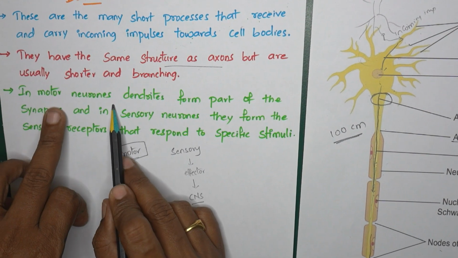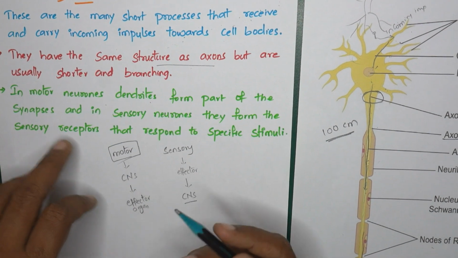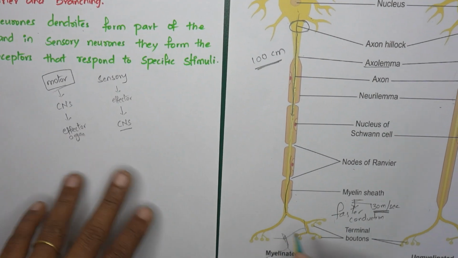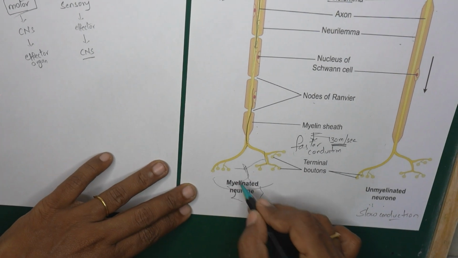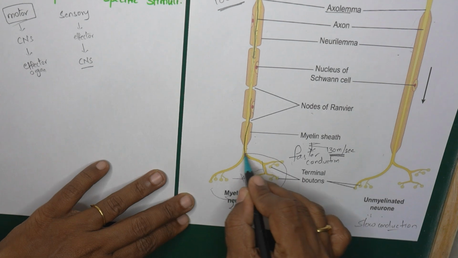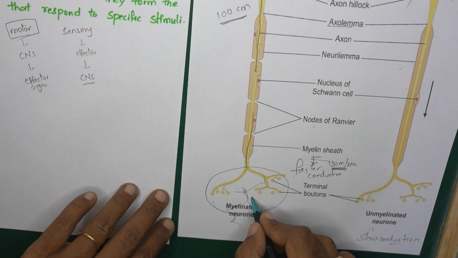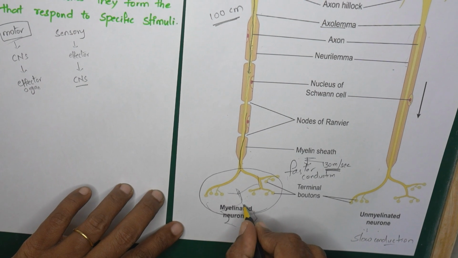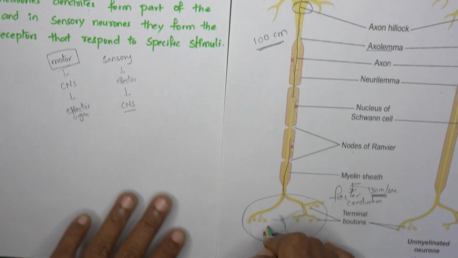In motor neurons, the dendrites form part of the synapse. What is the synapse? The junction between two neurons, this being the postsynaptic and this the preceding neuron. Whatever junction is present between two neurons is called a synapse, and there the dendrites form part of the synapse.